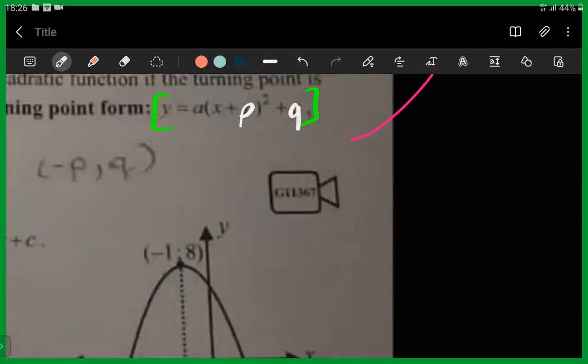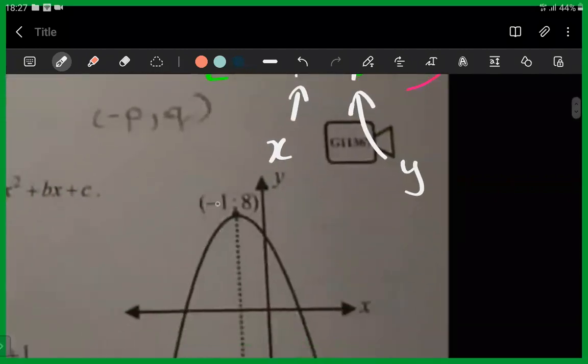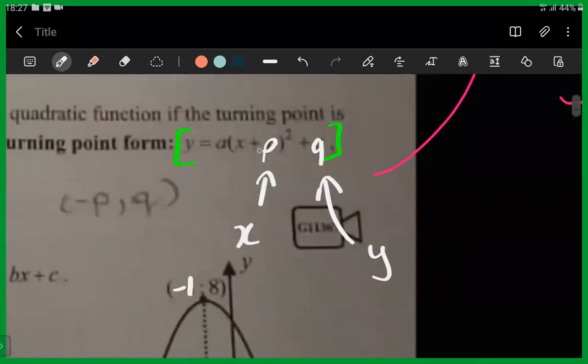So remember, this is always going to be the X value of the turning point. This is going to be the Y value of the turning point. But here you have to be careful with the P. You take the opposite, meaning if in your picture it's a -1, it means here you put a +1.